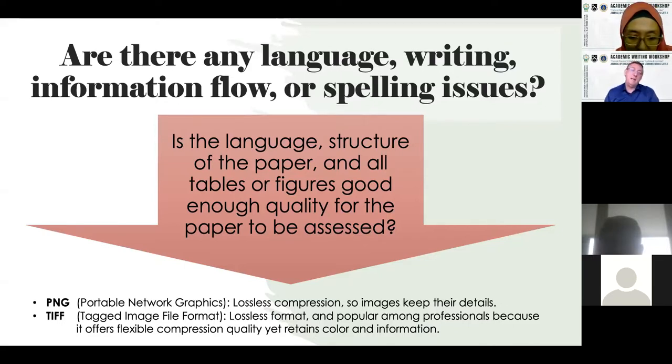Now, spelling issues often happen. When I go to Indonesia, I hear English teachers say scenario, and it should be scenario.